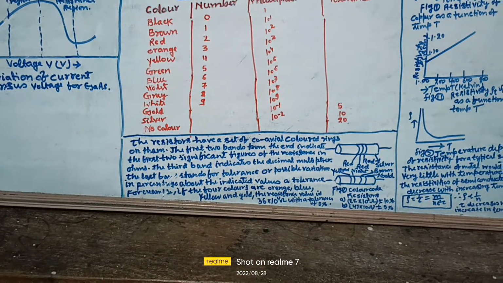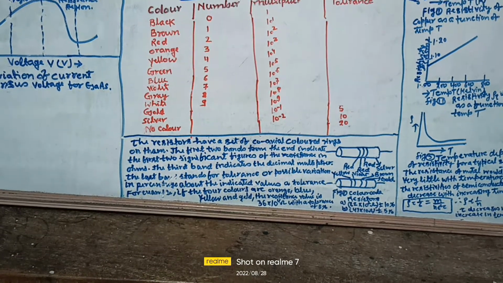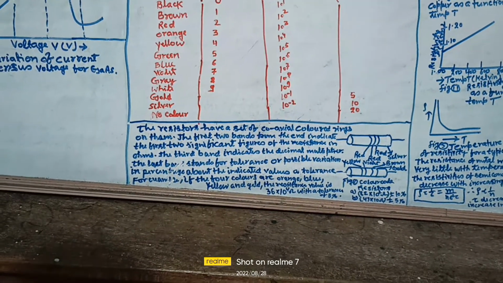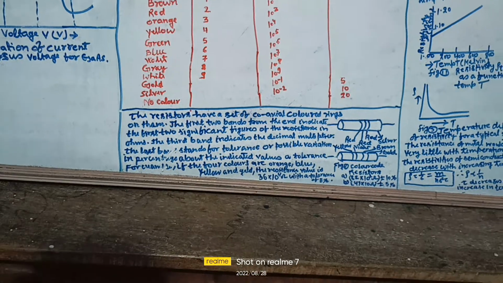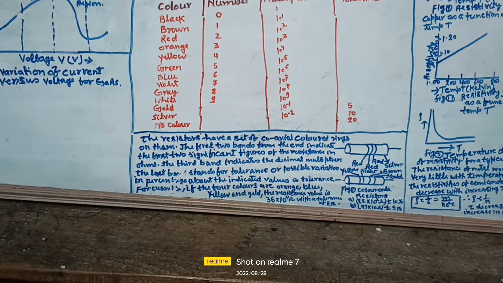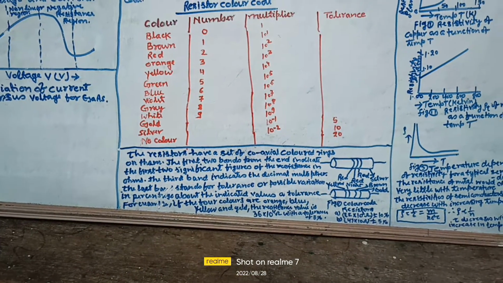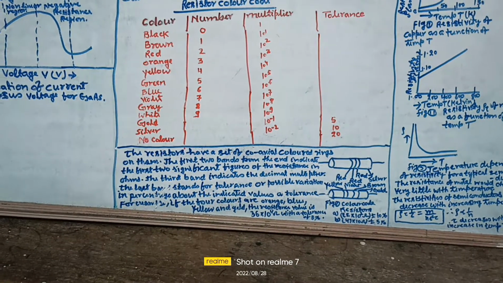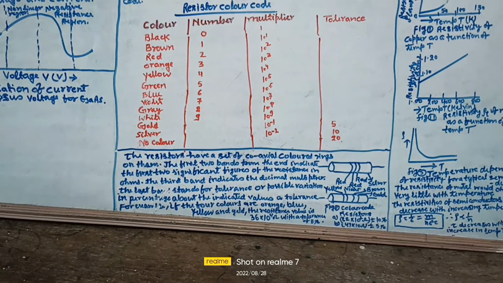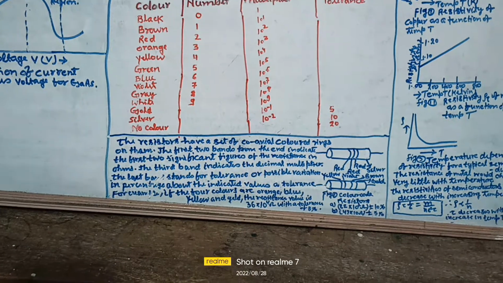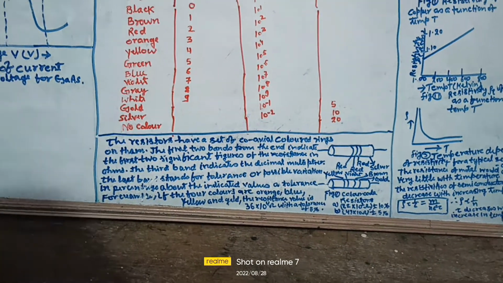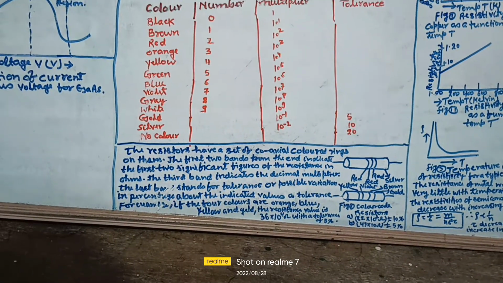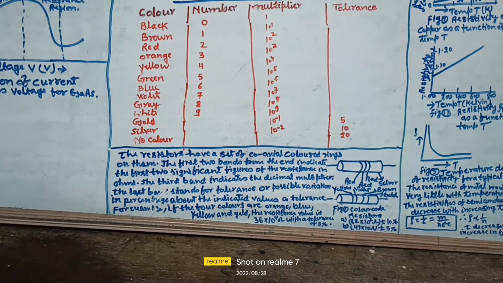The resistors have a set of coaxial colored rings on them. The first two bands from the end indicate the first two significant figures of the resistance in ohms. The third band indicates the decimal multiplier.